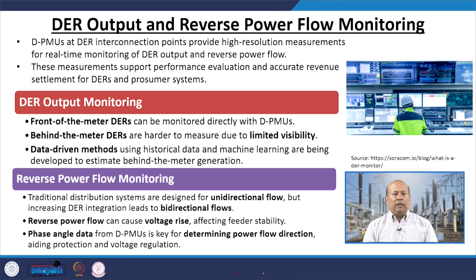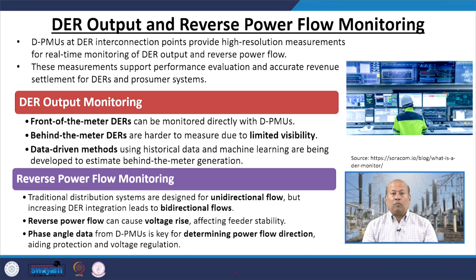Now, DR output and reverse power flow monitoring is an important aspect, as I told you, especially for renewable energies. If a huge amount of renewable penetration exists at a lower point of a distribution feeder, probably all the energy cannot be consumed by the local load, and hence it has to flow back to the higher-voltage distribution system.